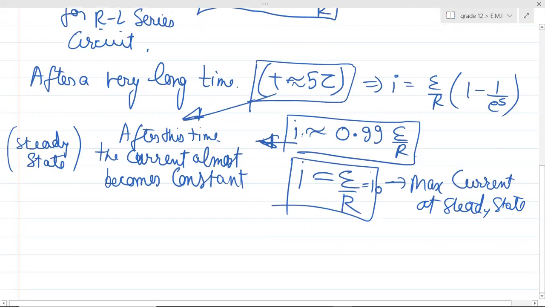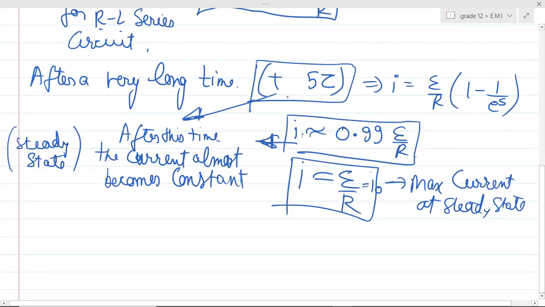Are you done writing till here, guys? The t is equal to 5 tau, approximate. Why is it approximate?